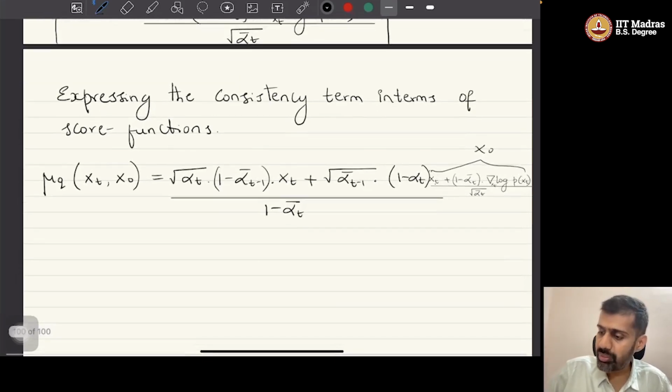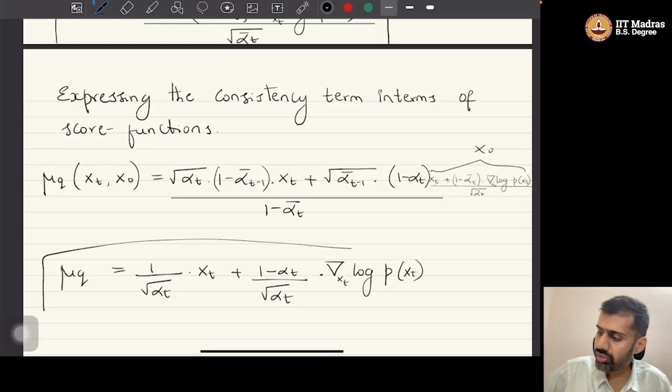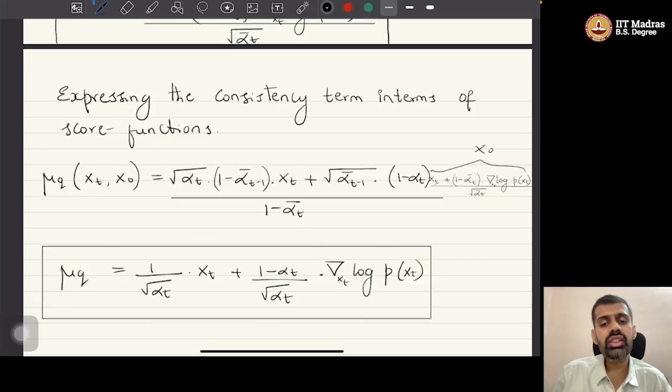So now again I will skip the algebra. If you rearrange the terms, finally this will be 1 by root of alpha t times xt plus 1 minus alpha t divided by root of alpha t times the score function, gradient of log p of xt with respect to xt. So this is my mu q now. Okay. So now mu q is represented in terms of xt and the score function.